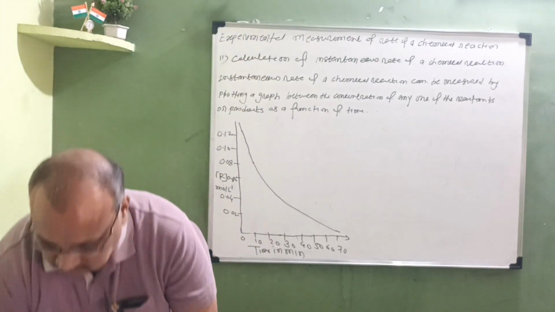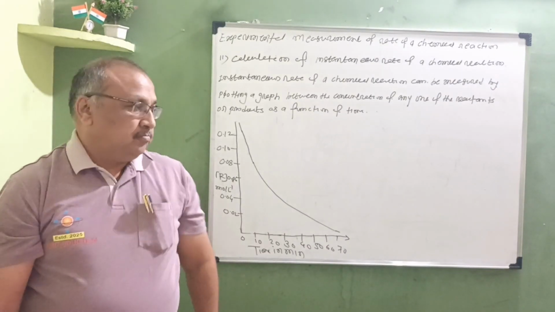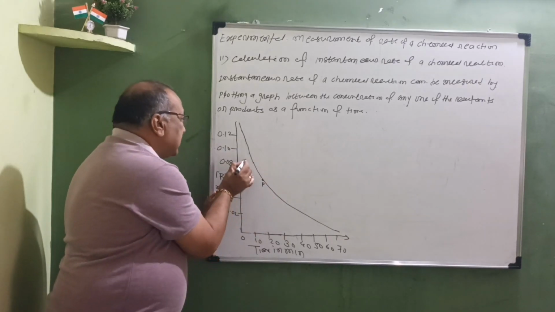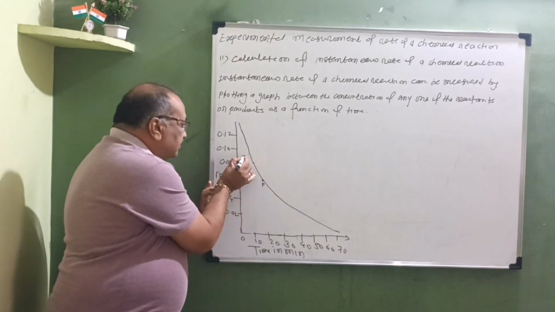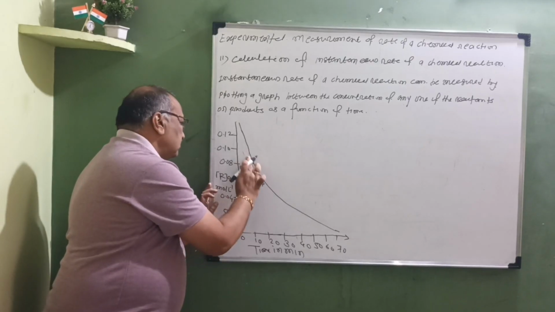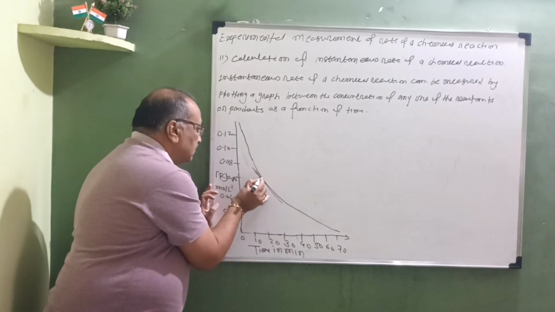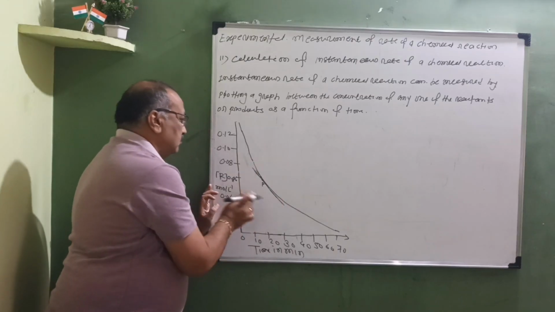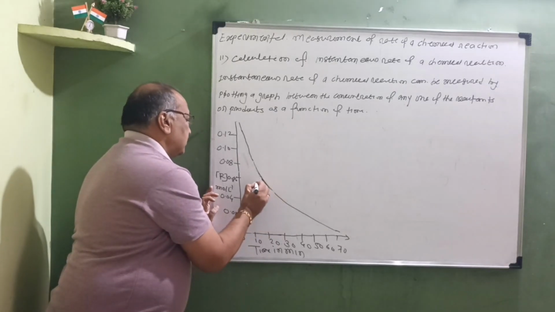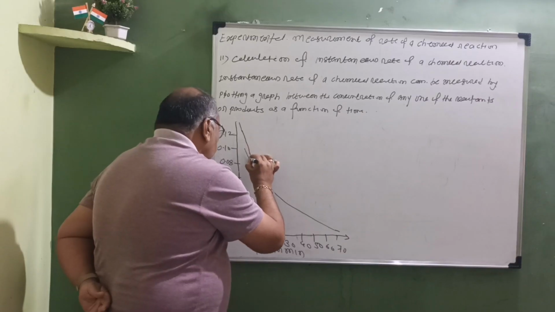Now here, let us consider this point P and draw the tangent to the curve at this point, like this.